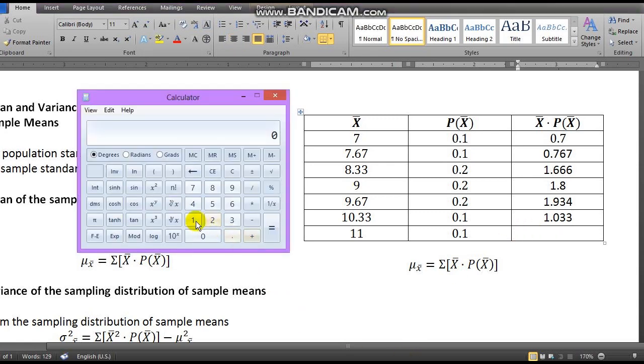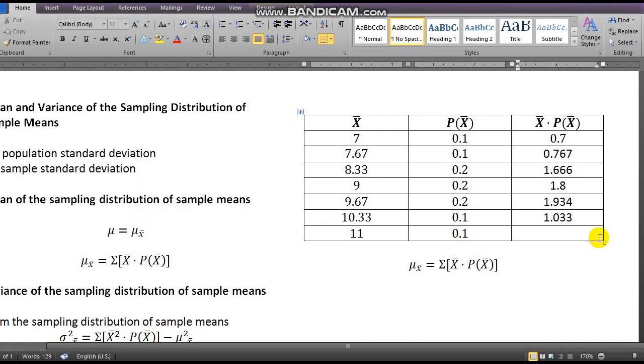And lastly, 11 times 0.1 would be 1.1. So we have here the x times P of x.